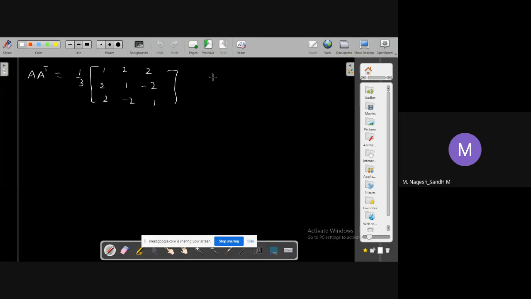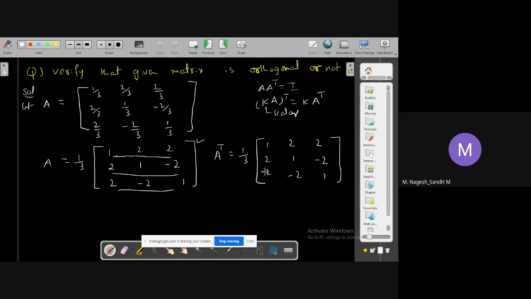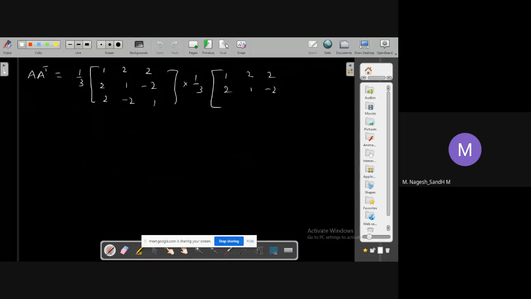Next, 1 by 3 into the A transpose matrix: 1, 2, 2, 2, 1, minus 2, 2, minus 2, 1.